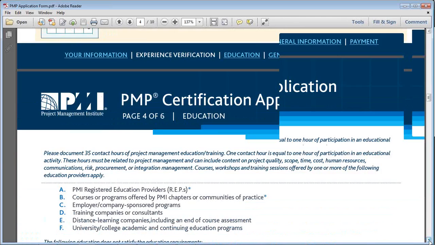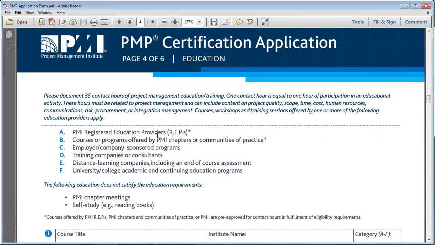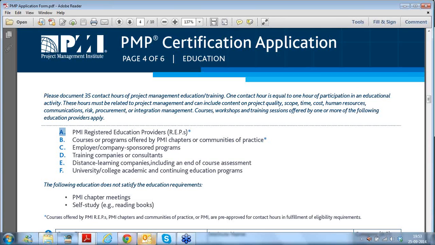Other than that, see, Edureka is a REP or Registered Education Provider. So you will choose category A, and when you choose category A, you have to choose the REP ID. The REP ID is going to be there. It was there also in the first screen when we saw that. I'll just show you.